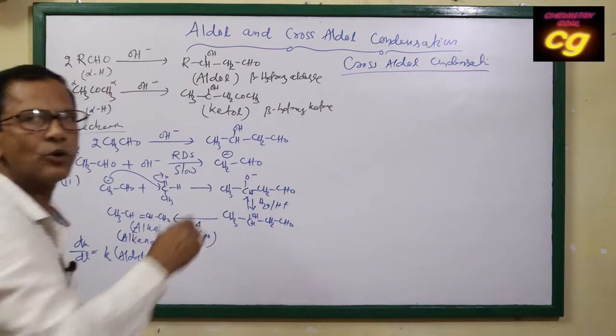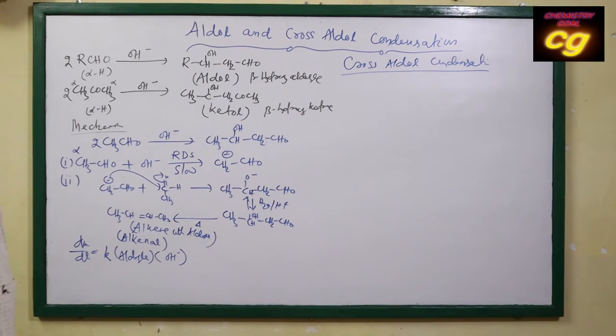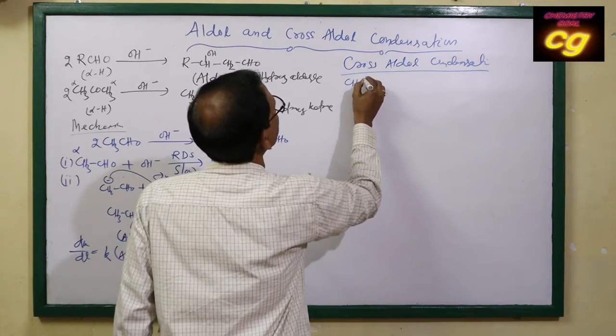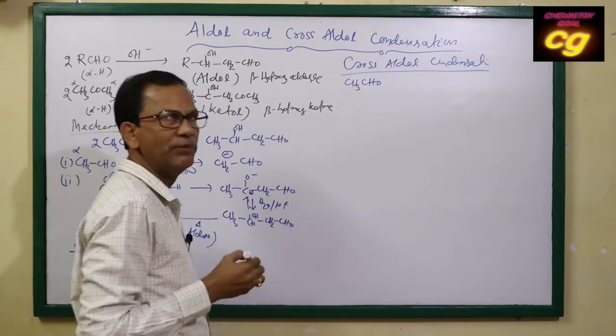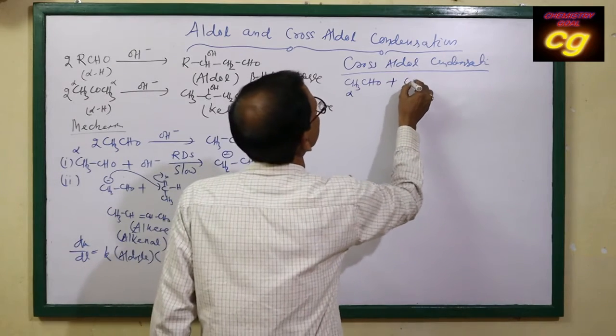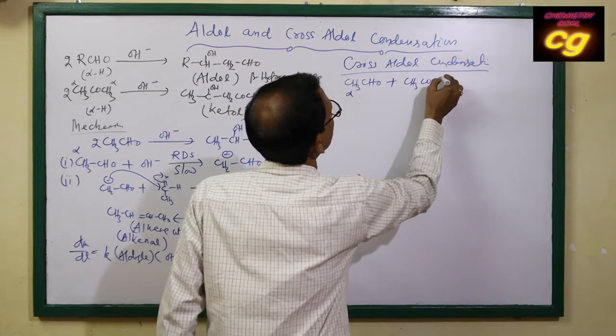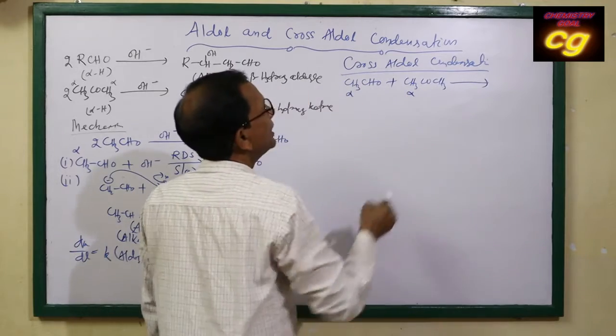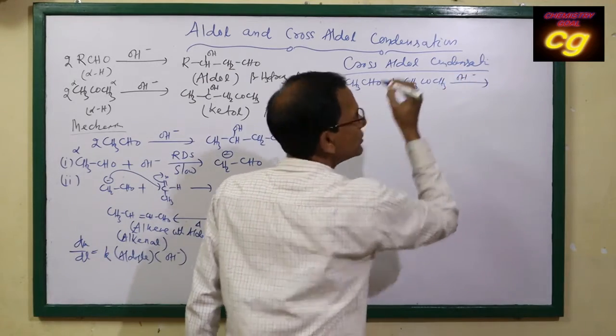What happens in cross aldol condensation is that two different molecules are taken. For example, one aldehyde having alpha hydrogen atoms and another, suppose one ketone, CH3COCH3, which also has alpha hydrogen atoms, in presence of base OH minus.